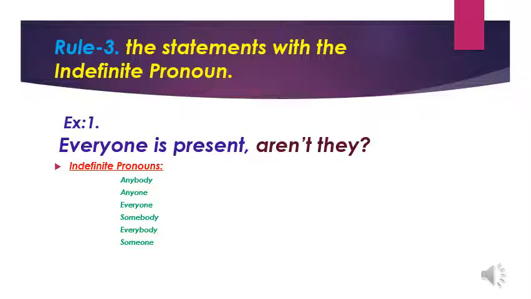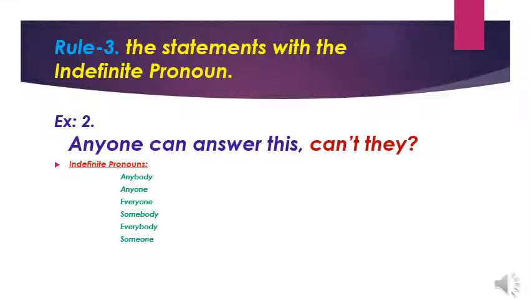So, I am making it negative. Alright. And we are using only the word they. We are not supposed to use any other word except the personal pronoun they. So, the answer is everyone is present, aren't they?